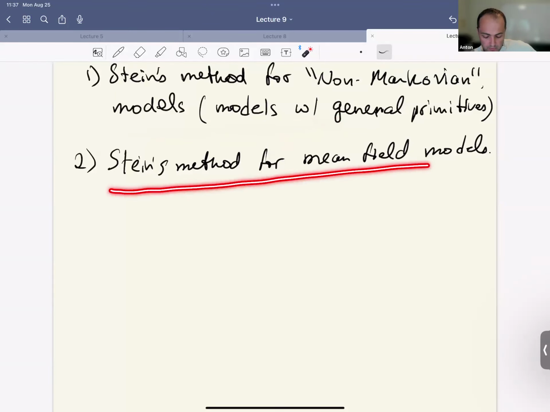And I want to expose you roughly to what's going on with Stein's method for mean field models. And here we have a couple of things. I think one of the research questions here is basically how accurate are mean field models? And we have accuracy guarantees like we would expect. And then we have higher order accuracy guarantees that perhaps you wouldn't expect right away.